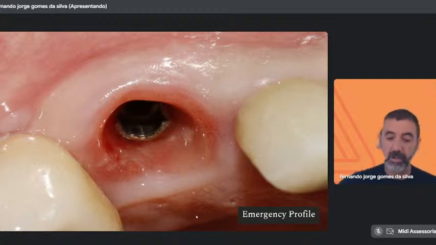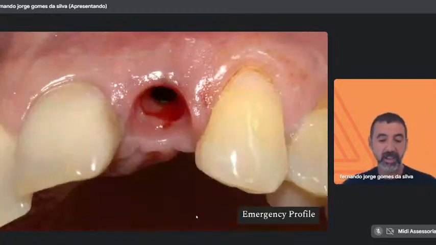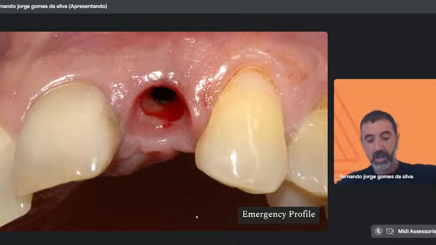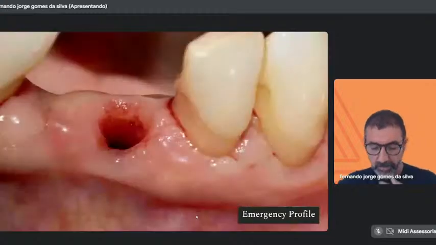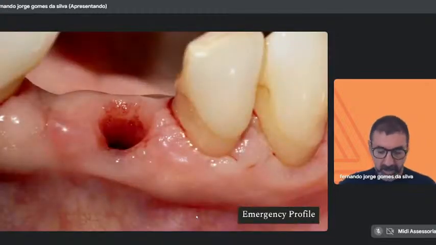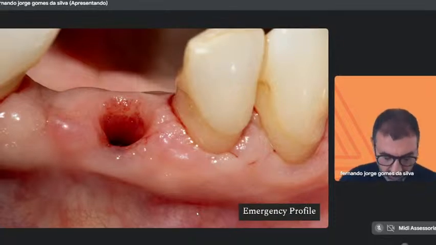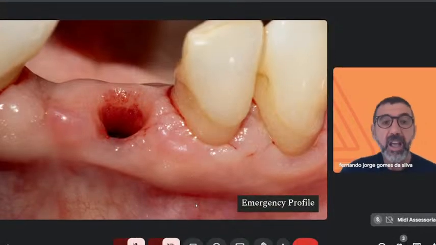This natural barrier will also prevent the resorption of buccal bone and the consequent collapse of the soft tissues over time. These are some examples of the emergence profile in the lower jaw, where the requirement is greater as the gum normally has different characteristics from the maxilla, as we know.